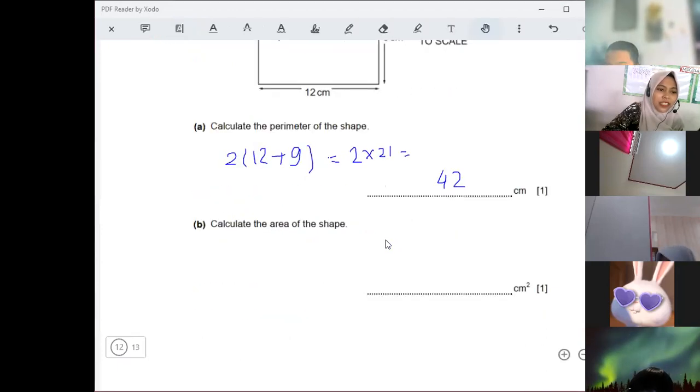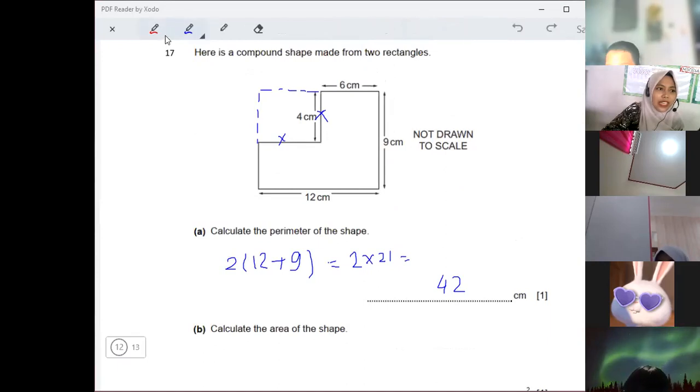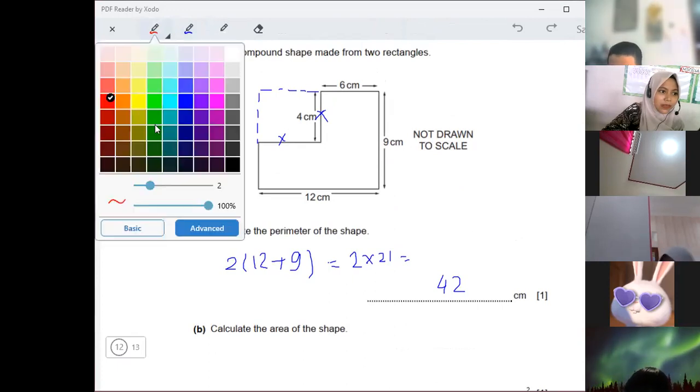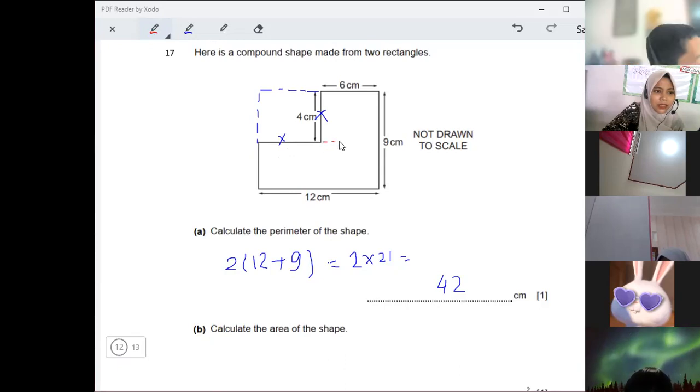Okay, but now for the area of the shapes, I'm going to use red for the area 1. For the area of the shape, we have this one to be the separator.